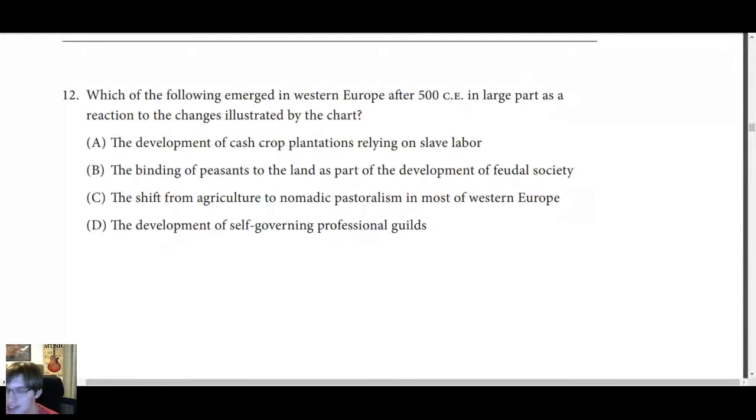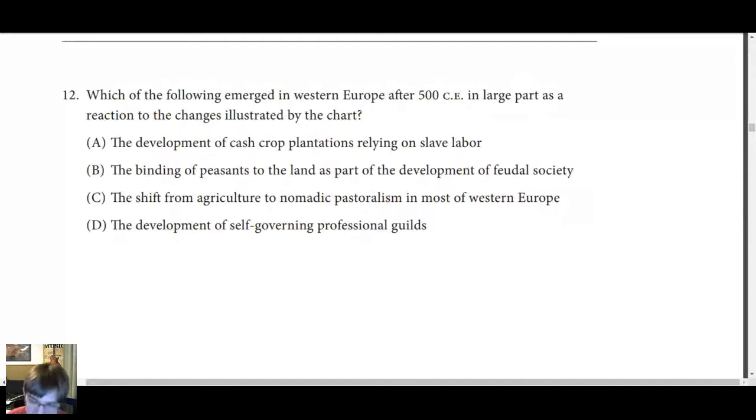All right, so I see B and D are the main dominant answers here. B is the clear answer. So B and D, let's say we've knocked out A and C. We know that they're wrong. Good job, everyone. So the answer is B.